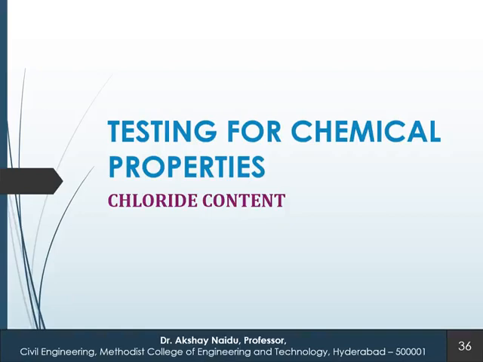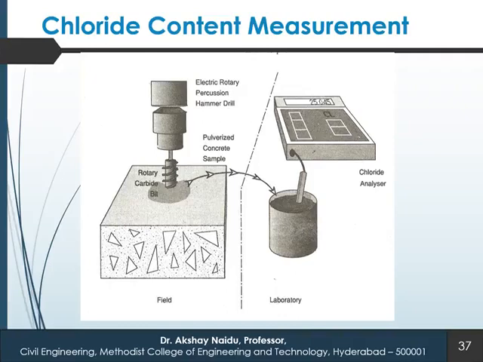Chloride content: there are various methods and many tests. There are direct chloride analyzers in the laboratory. You just take an electrical drill bit, extract some portion of the concrete sample and check how much chloride content is in the concrete.